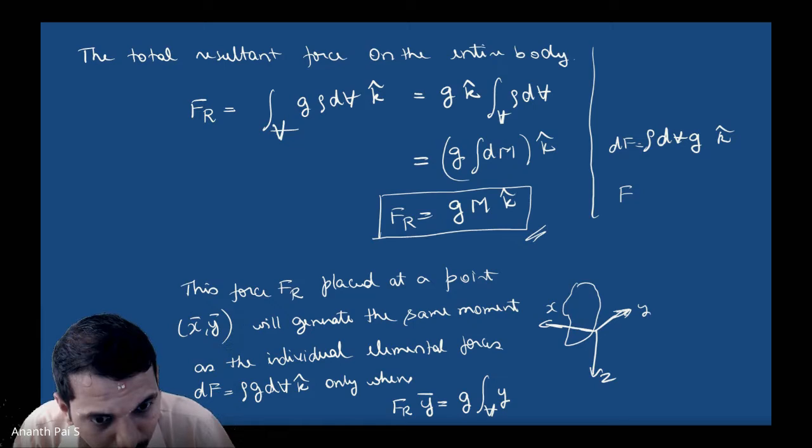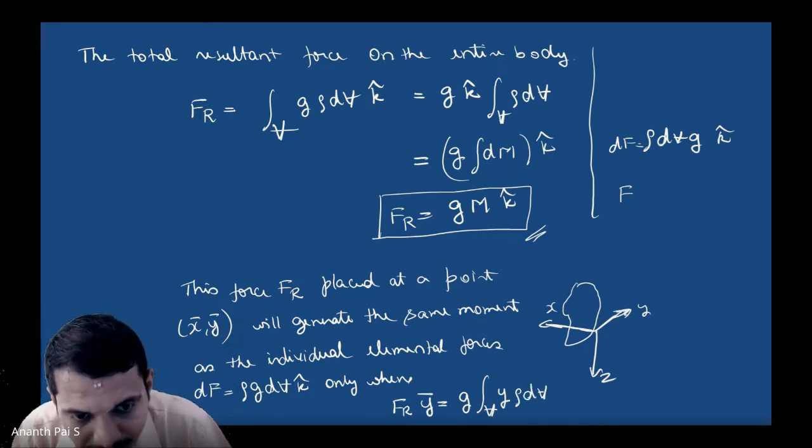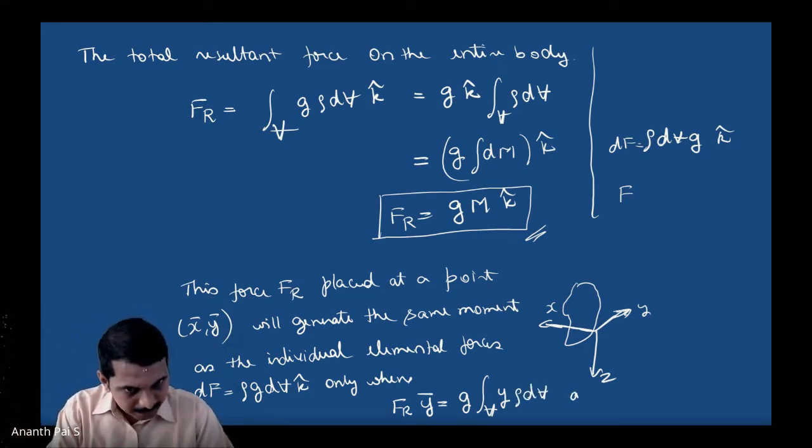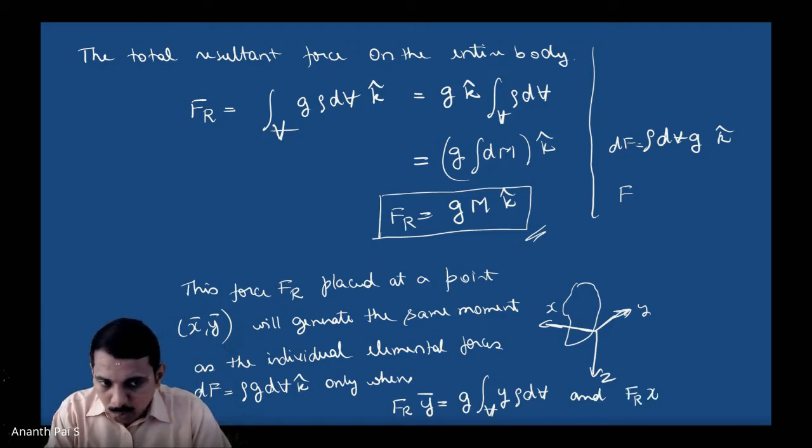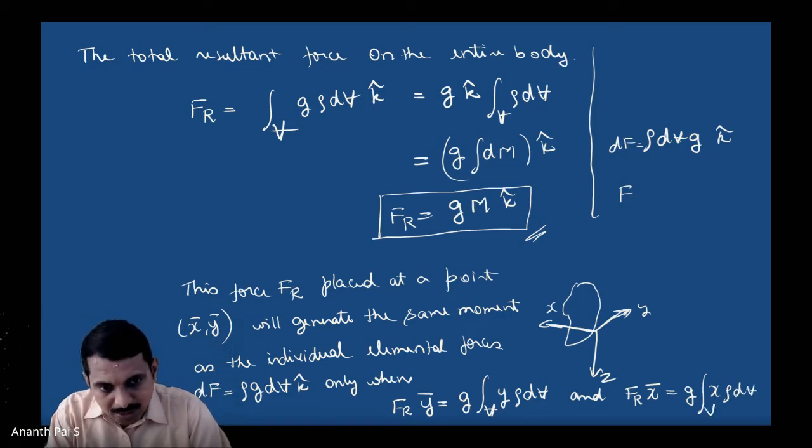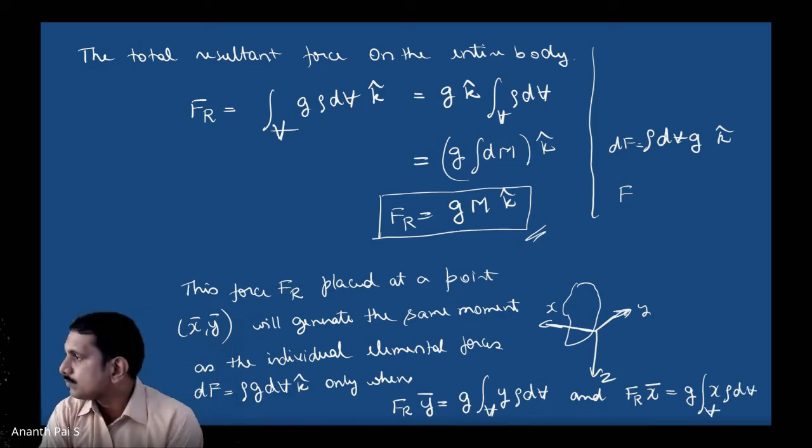And again, Fr into x bar is equal to g into the integration of x rho dV across the entire volume. Correct?